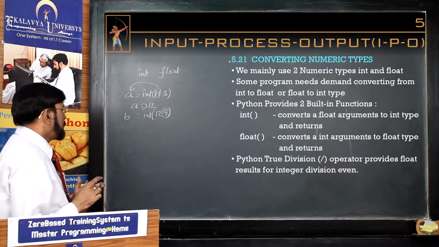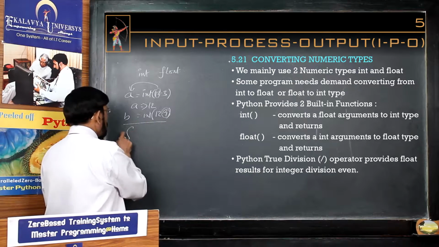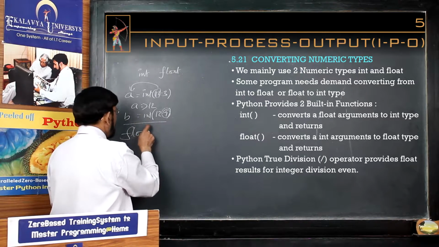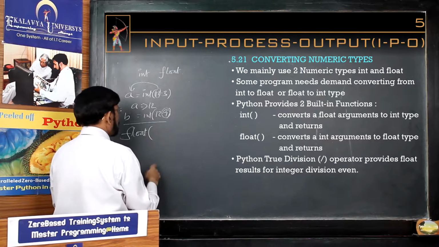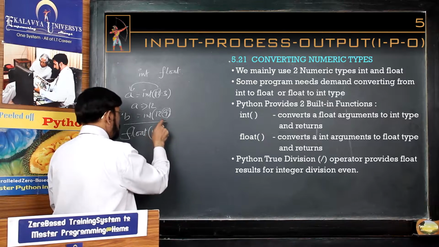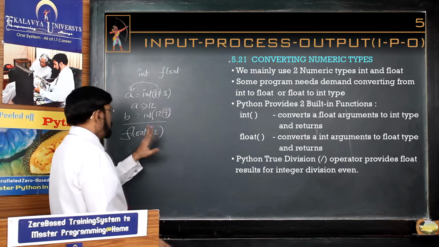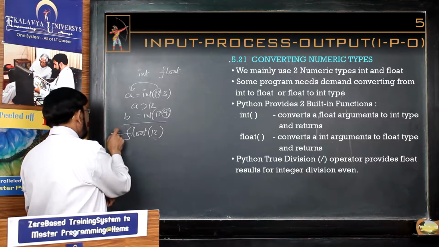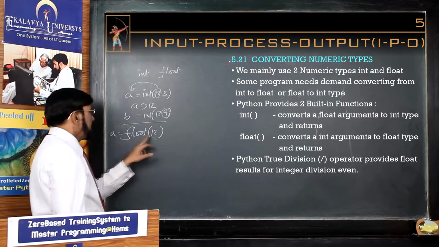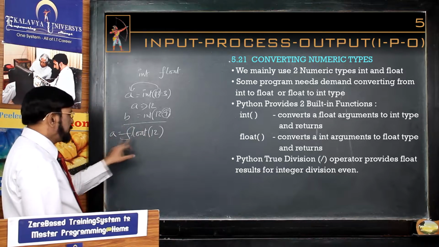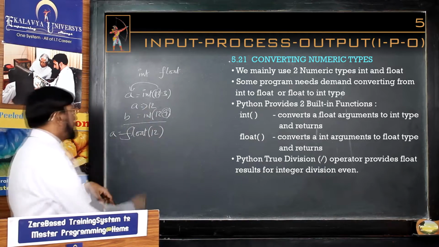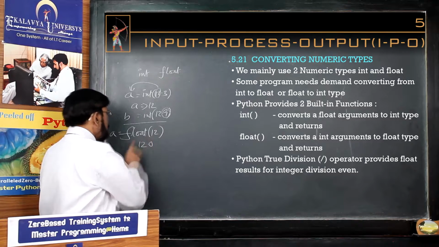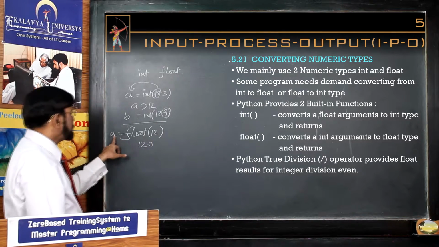Thereafter, float. Obviously, you give one integer value, say A, and it is converted into float. That means 12.0.